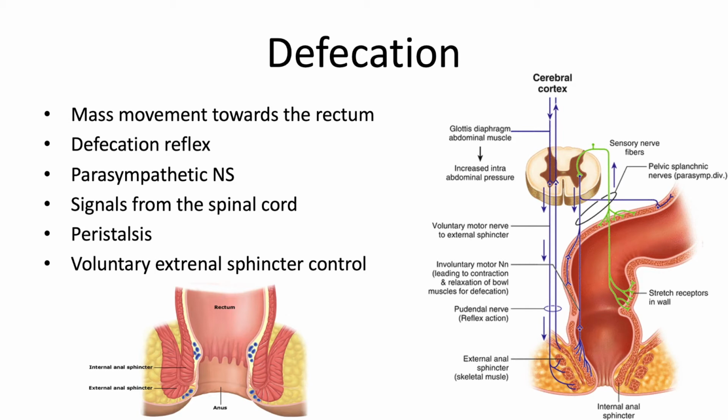If voluntary relaxation follows, the feces will then be discharged. But if there is no voluntary relaxation, feces will move back to the sigmoid colon until the next wave of peristalsis. Finally, the rectum muscle contracts to expel feces.